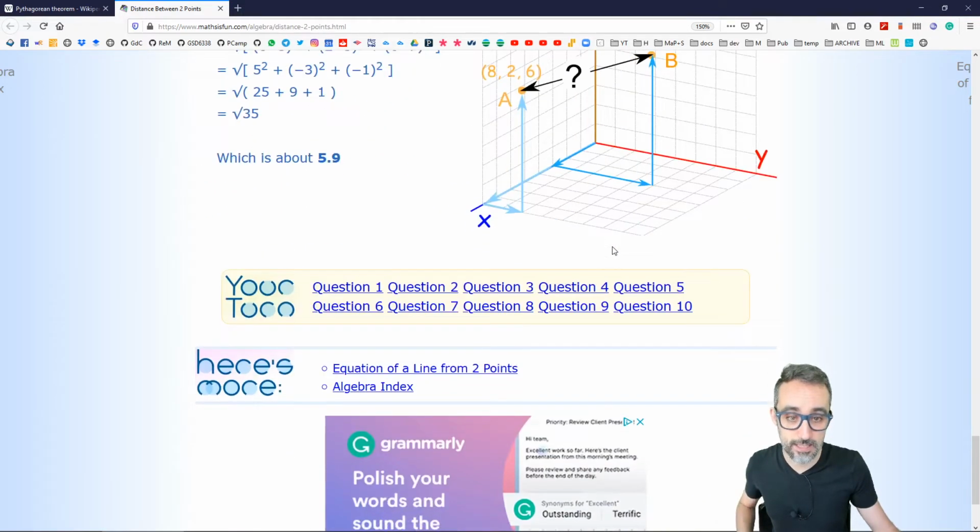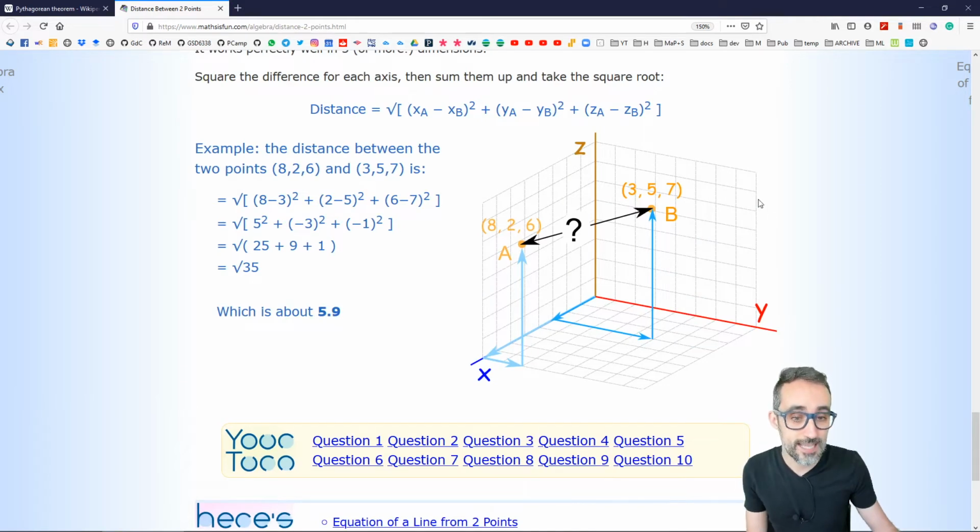What's interesting is that this notion also extends to three dimensions just equally.